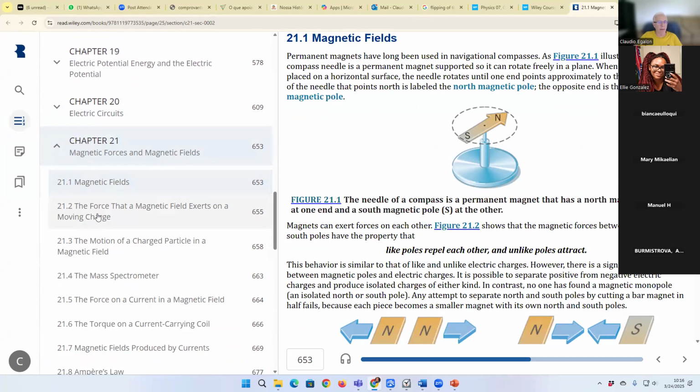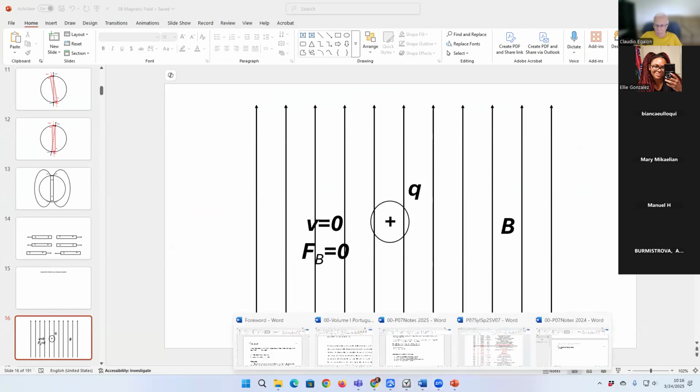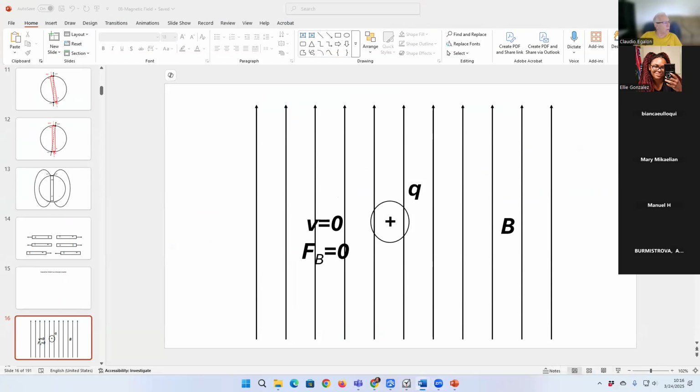Magnetic fields, the force that a magnetic field exerts on a moving charge. Okay, that's what we're going to cover now. Let me close this one here.